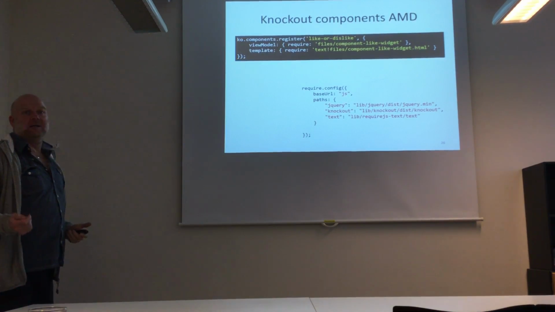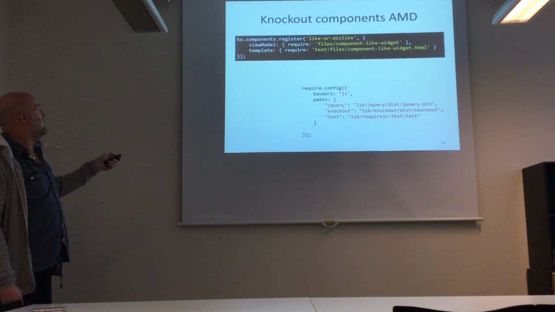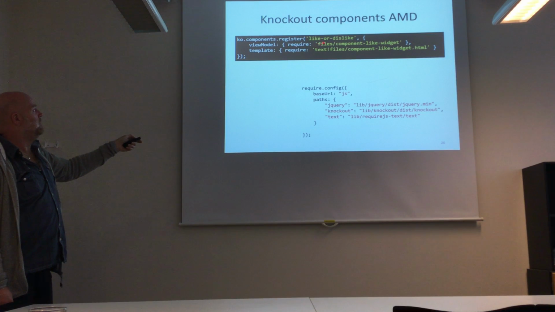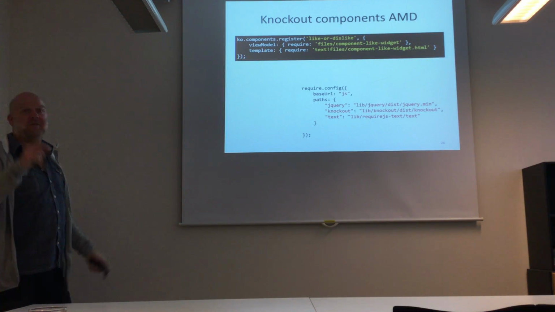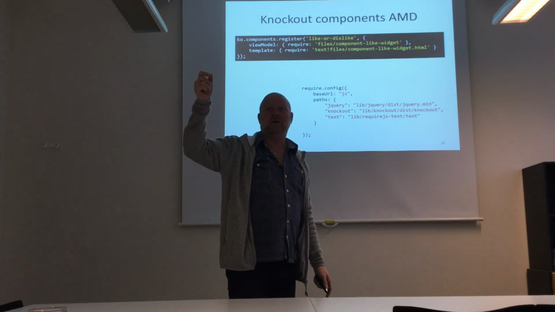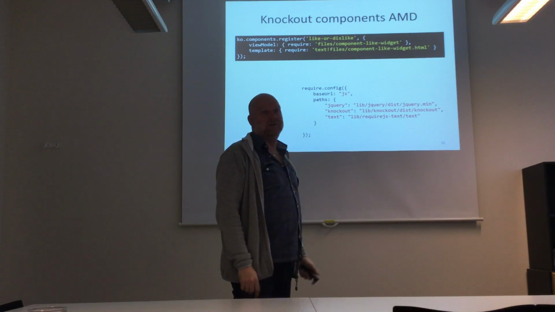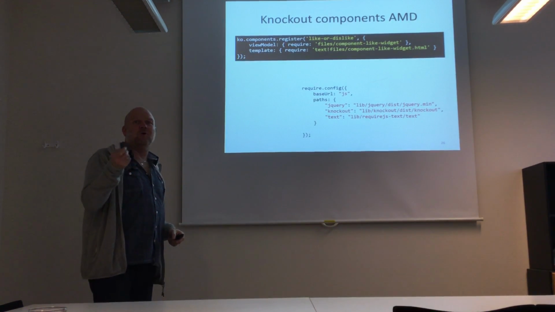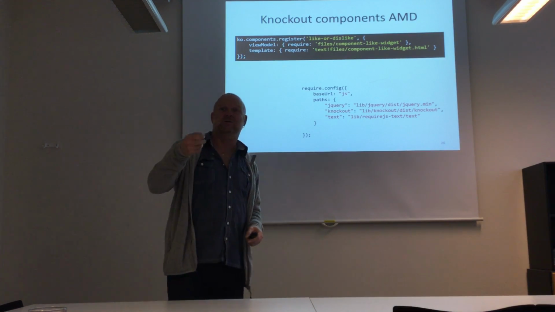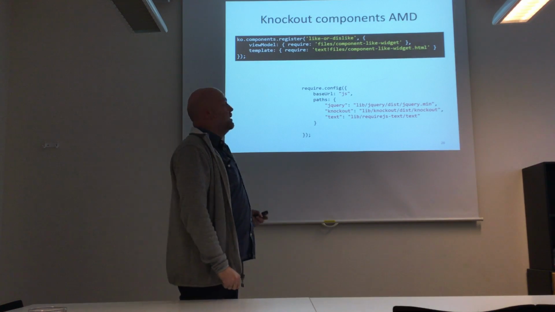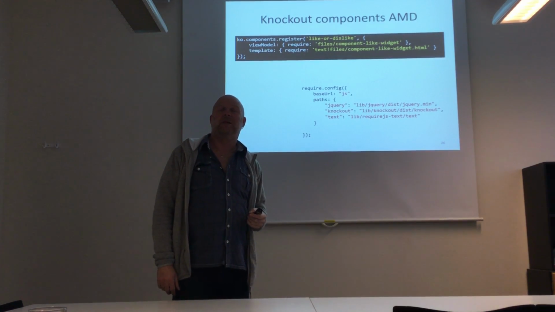Using it together with the AMD, so the require part, is to say the view model, and then have an object that has one attribute that is required, and then the path to the view model file that you're using, without the JS at the end. That's part of the require. But since require is normally only used to load JavaScript files, because that was the idea, to have JavaScript modules, it doesn't know how to load HTML files.